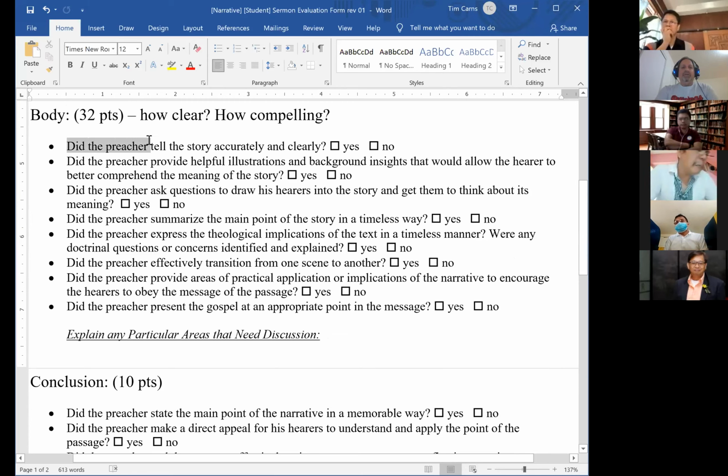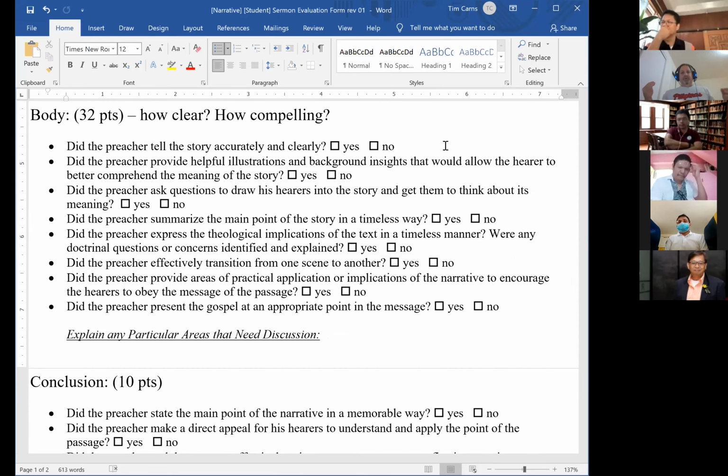What's important, we're talking about narrative here. So in the body of the sermon, did the preacher tell the story accurately and clearly? Now, what I've often seen with narrative passages is preachers take the main idea and have a sermon on the main idea, but not really tell the story that much.